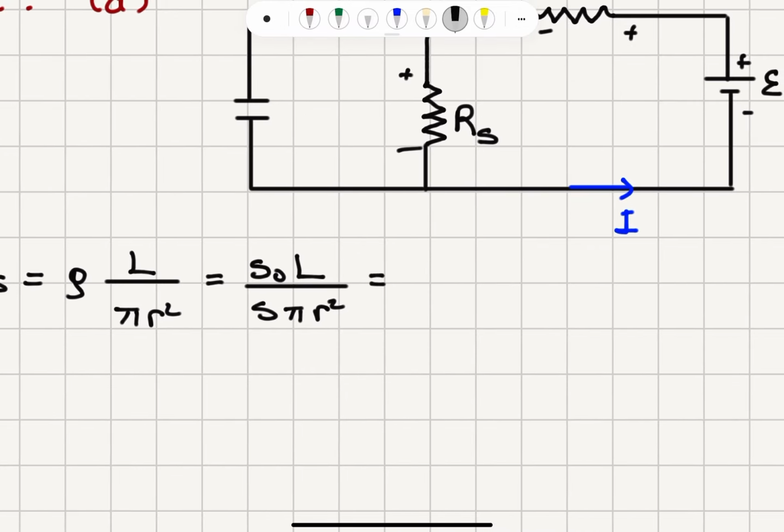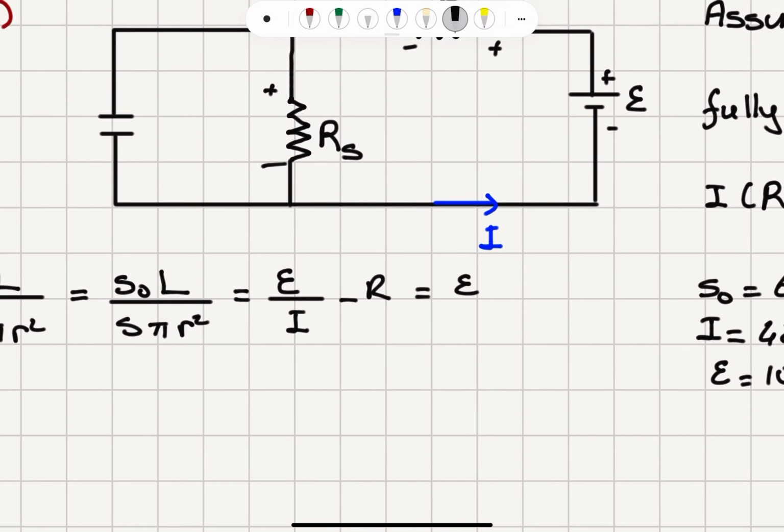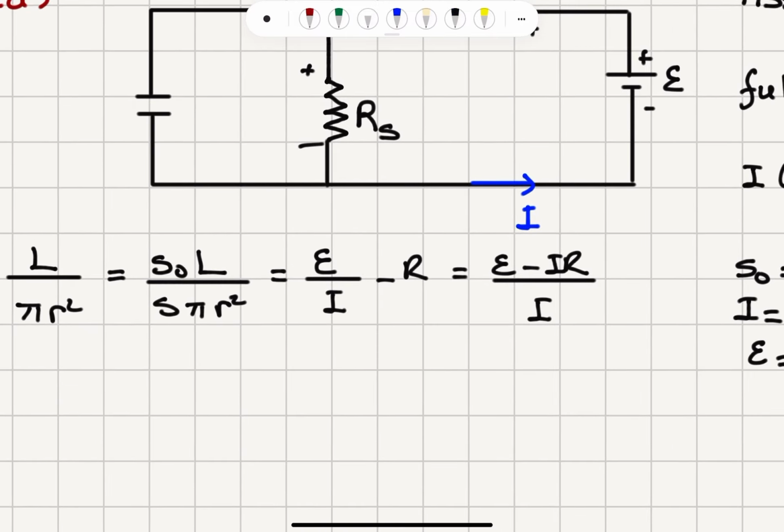And this we have shown to be equal to epsilon divided by I minus resistance R, which is epsilon minus IR divided by the current I. So with that, you can see S0 L times I is S pi r squared times epsilon minus IR.